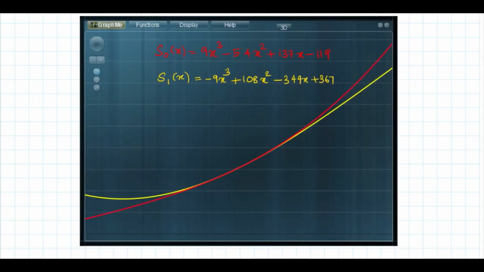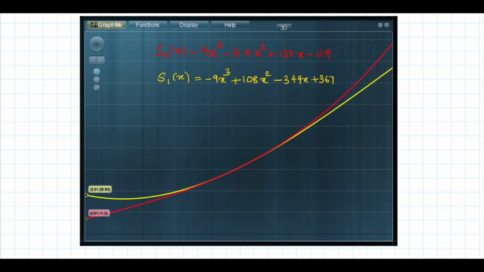Now I will plot these splines. Okay, and in this plot the x-axis is from 2 to 4. This red curve is S0 of x, and this yellow curve is S1 of x. What is the meaning of cubic spline interpolation? You have 3 data points.